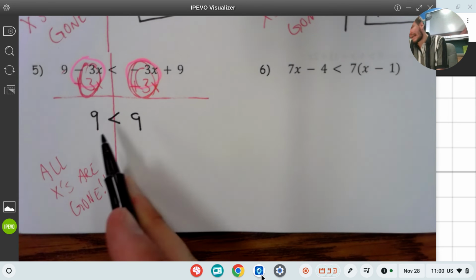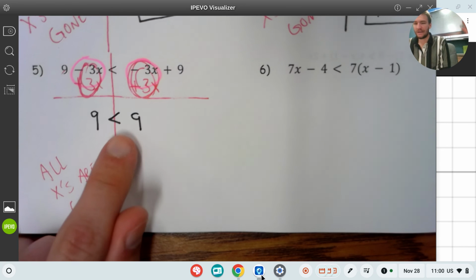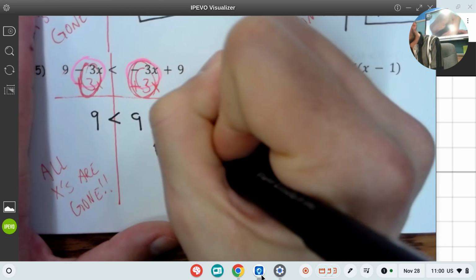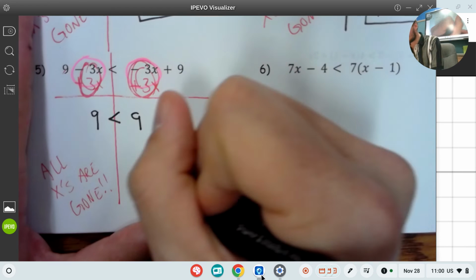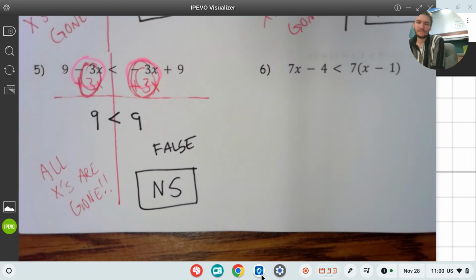Is 9 less than 9? No. Are we allowed to be equal for this question? No. We are not. And so this is a false statement. Even though they're both 9, it is still false. Which is a shame, but that's what it is.